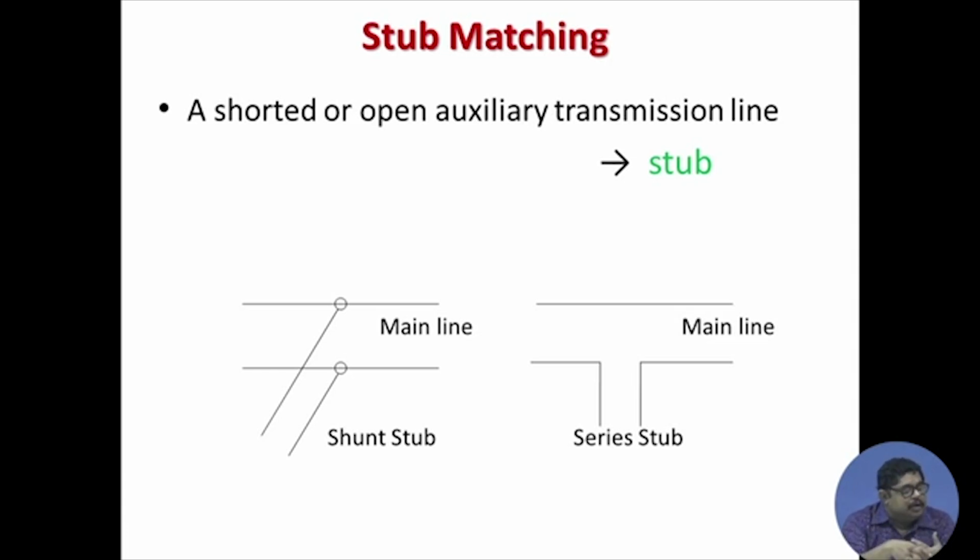Now, as you see, there is a main line, and from that the stub can be connected either in shunt, that topology is shown, or it can be a series stub also. Depending on which technology you are using, series or shunt, short or open connections are preferred, like whether you have microstrip technology, stripline technology or waveguide technology.